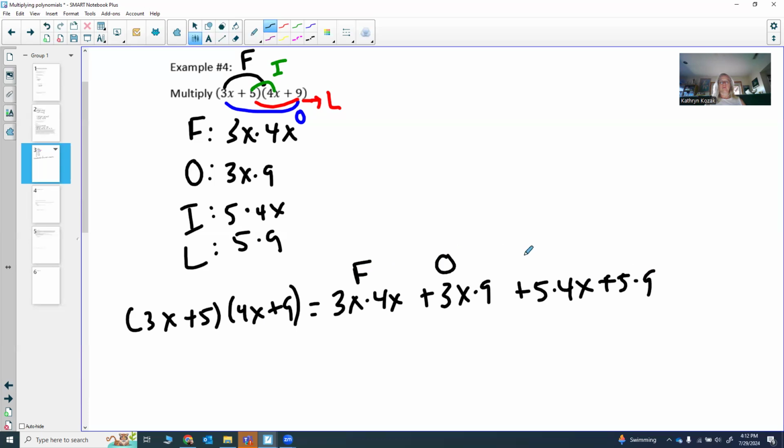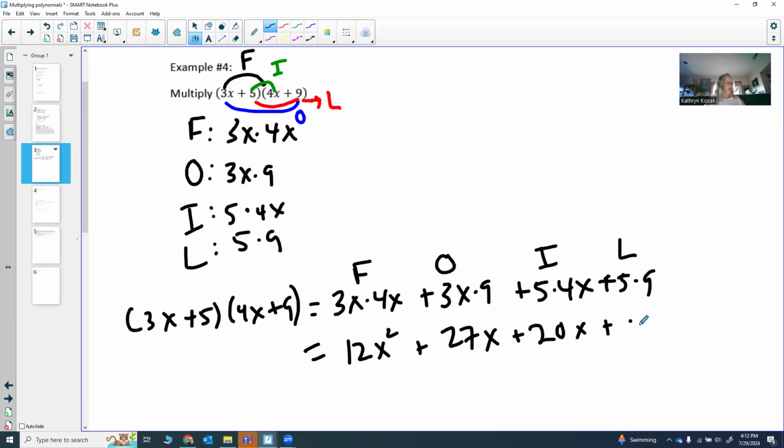FOIL. Which gets you 12x squared plus 27x plus 20x plus 45, which is going to equal 12x squared plus 47x plus 45.